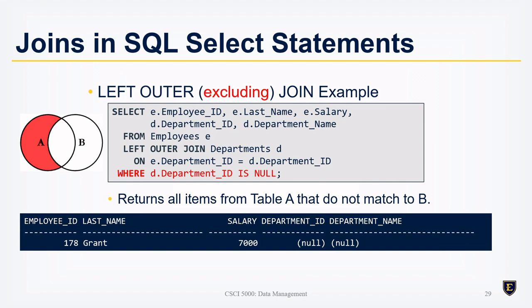The idea is you return all items from table A that do not match to table B. Sometimes that's a very useful query for us to do. And we notice that only the ones with nulls are returned.